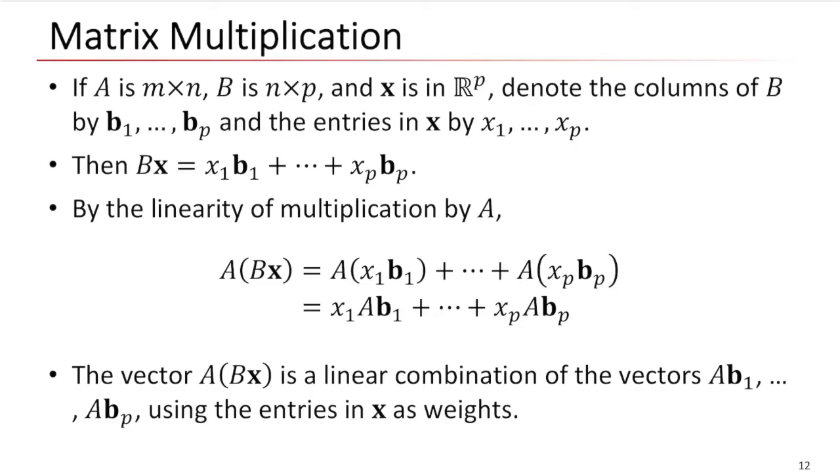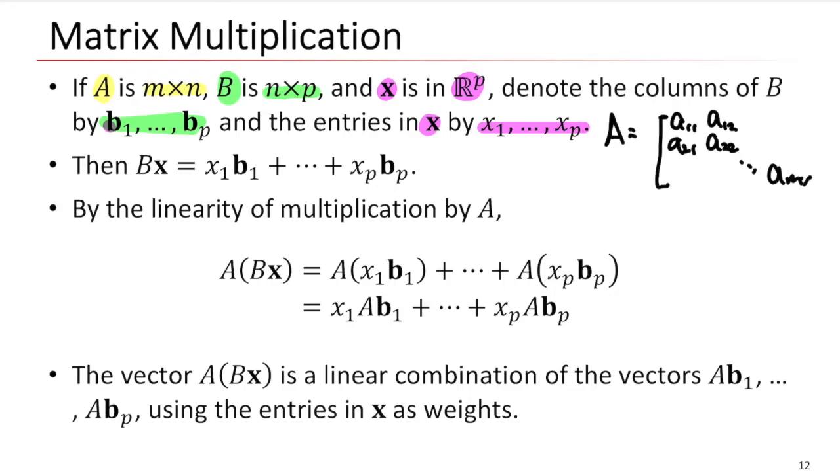Let's say there is a matrix A with the size of m by n and matrix B with the size of n by p, and then there is one more vector x in the R^p space. Denote the columns of the matrix B as something like this, and entries in the vector x as this. What does it mean? Let's say we have a matrix A, m by n, right?